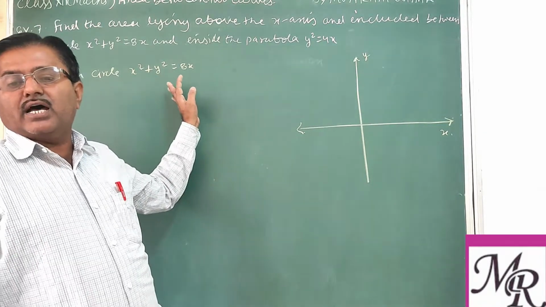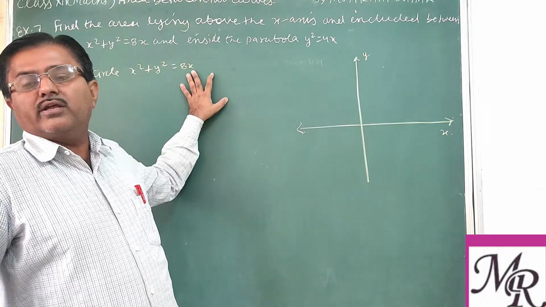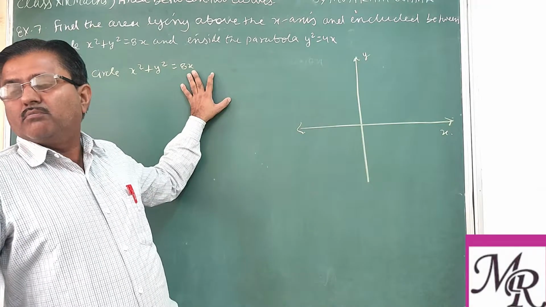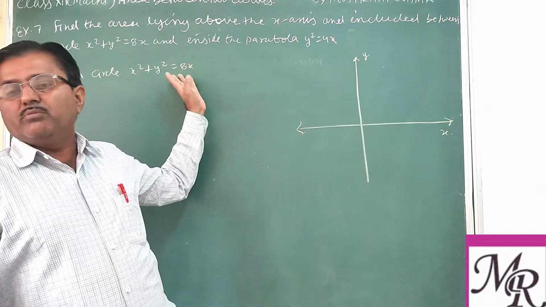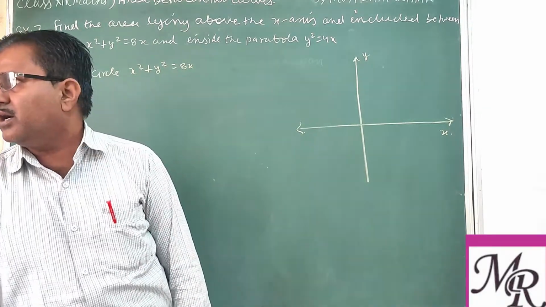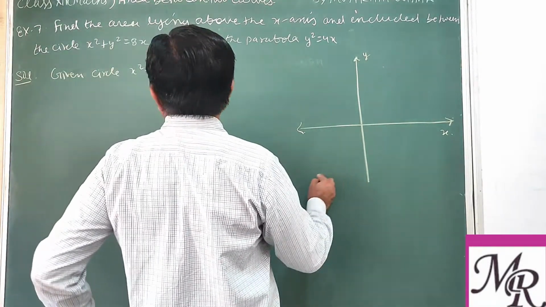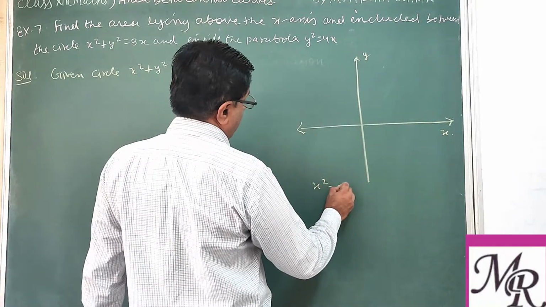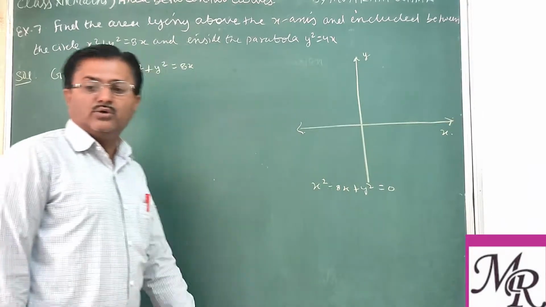In 11th class you see this type of circle; we have to write it in standard form by identifying its center and radius. So we use the completing the square method. So x square minus 8x plus y square equal to 0.